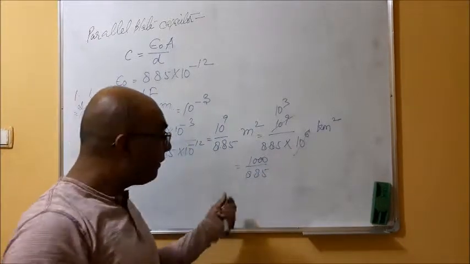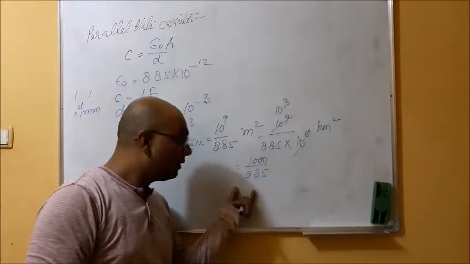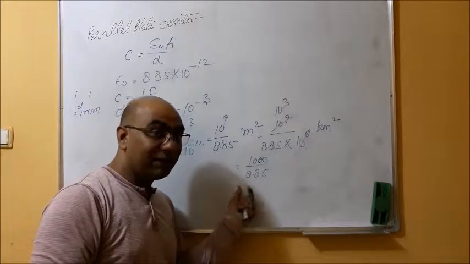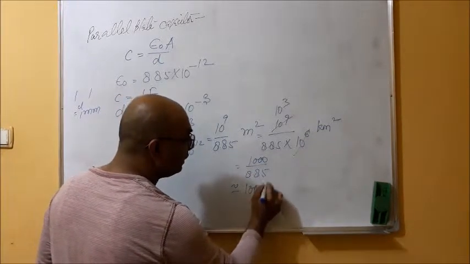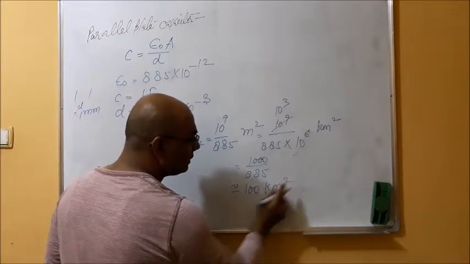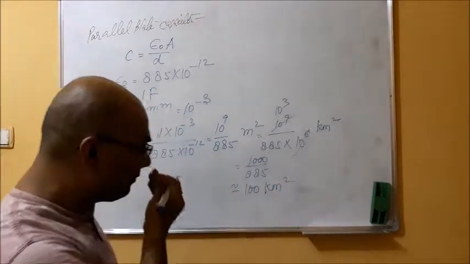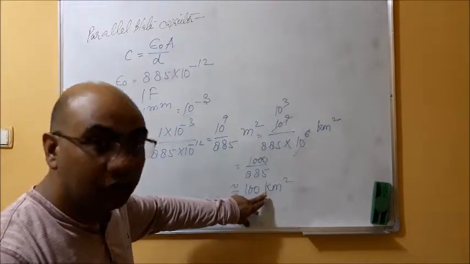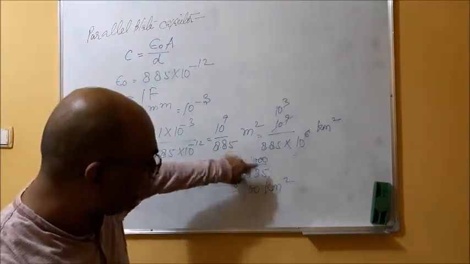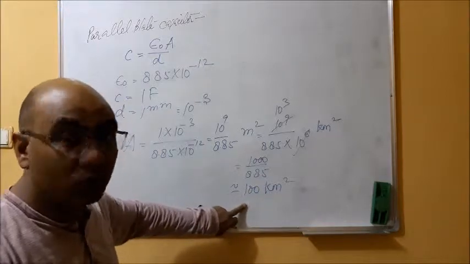For simplicity, I am taking 8.85 equal to 10. So if this is 10, what we will get is approximately 100 kilometer square.